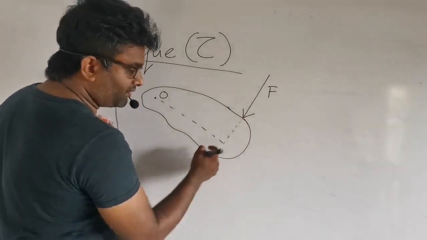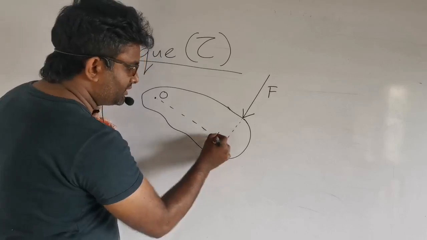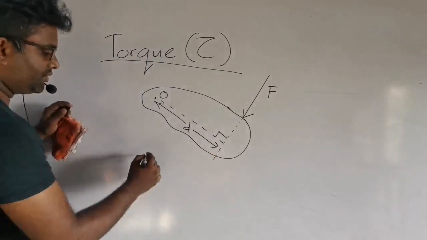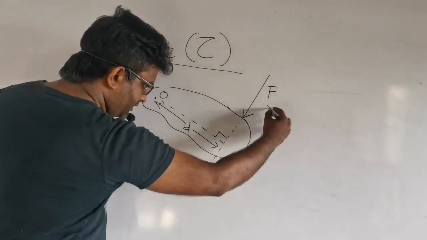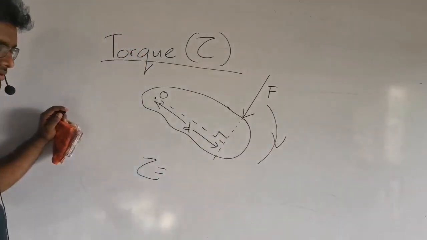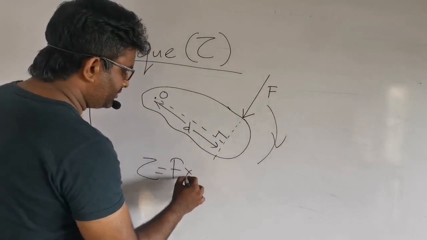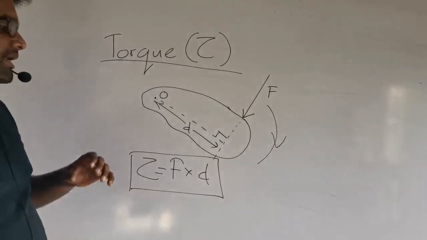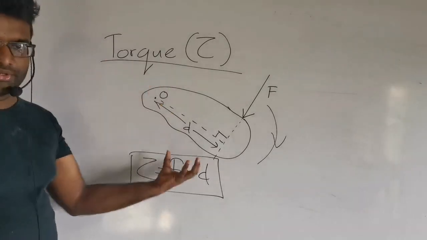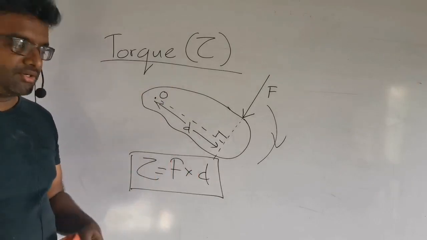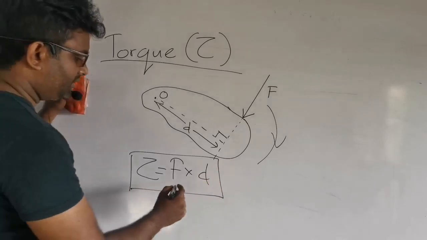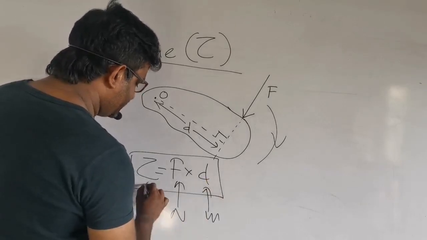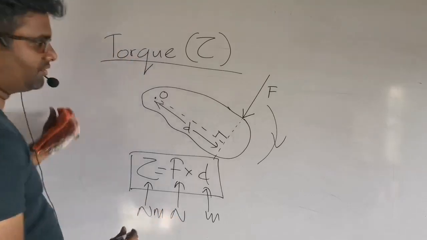If this is the force, the line of action of the force, and this is the perpendicular distance, then we can write tau is equal to F into D, right, having a rotation direction. moment එකම තමයි. කලින් අපි ඉගෙන ගෙන තියෙන moment ම තමයි rotation motion lesson එකේදී අපි මෙයාට කියන්නේ torque කියලා. Right, so the unit we can write as Newton meters, right? That is the unit of torque, right?